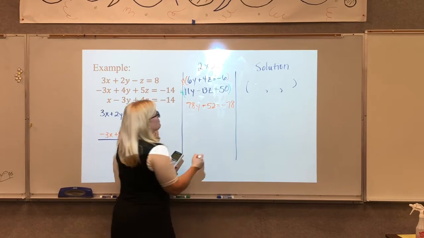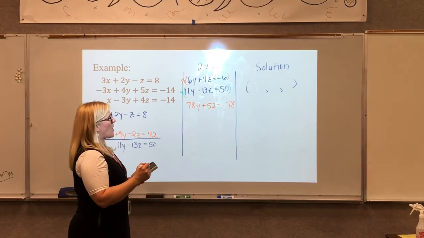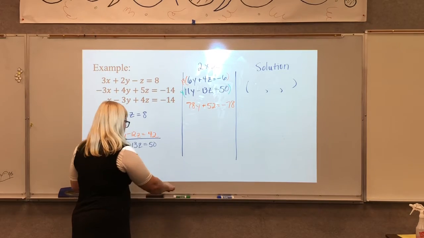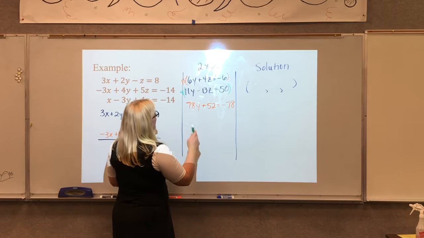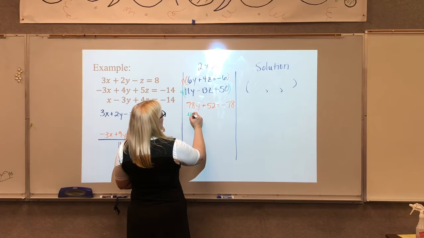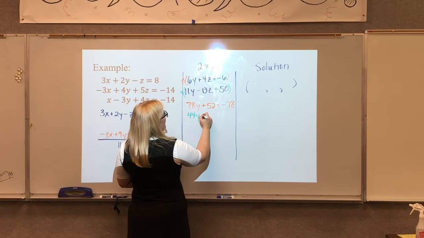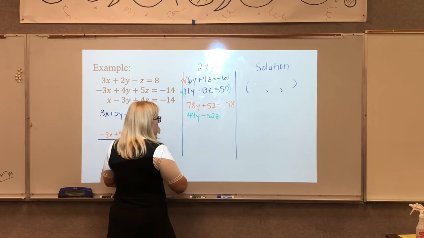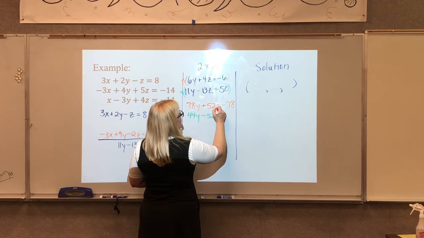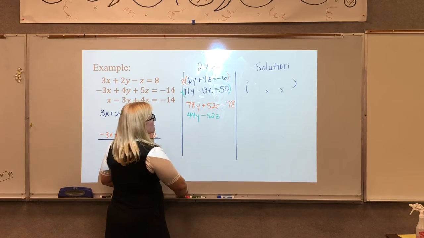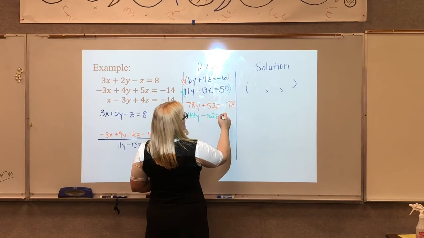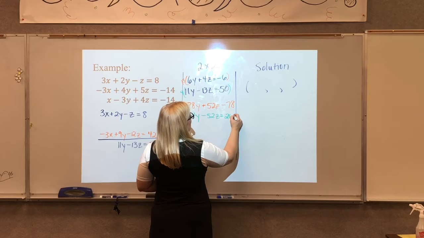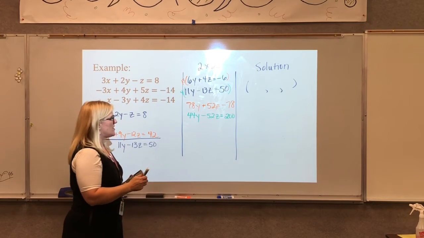Yeah, we're getting into some big numbers, but I promise it'll all work out. Okay, down here I've got 44y minus 52z. Oops, I forgot the z here, that's kind of important. Okay, equals 200, right? 50 times 4 is 200.